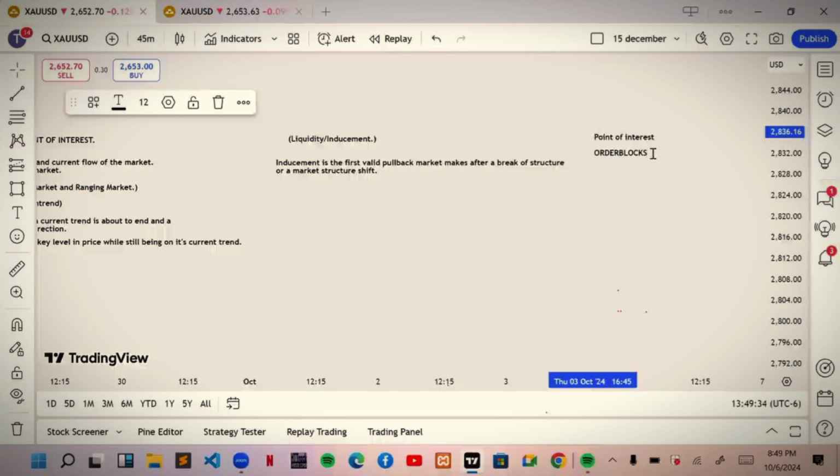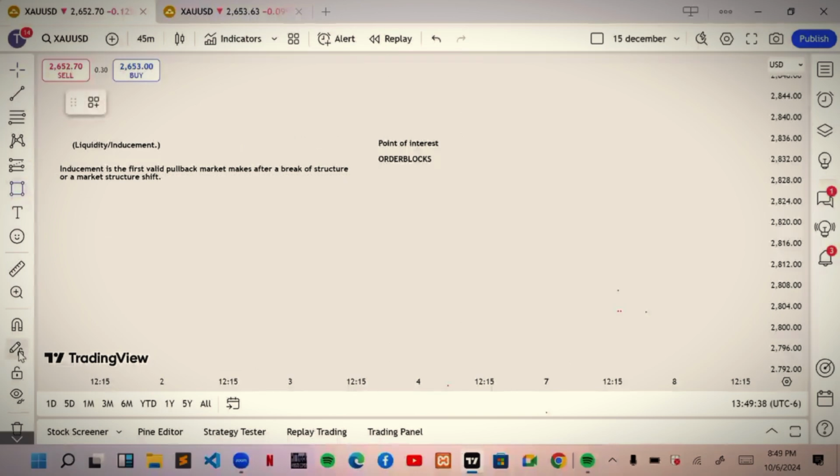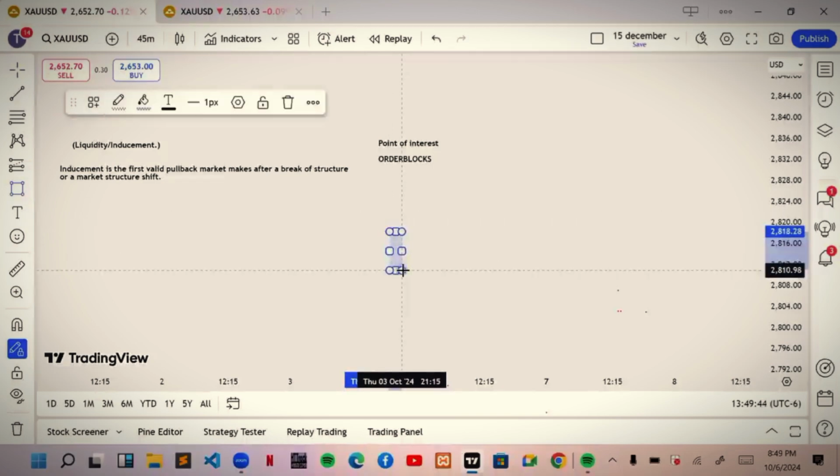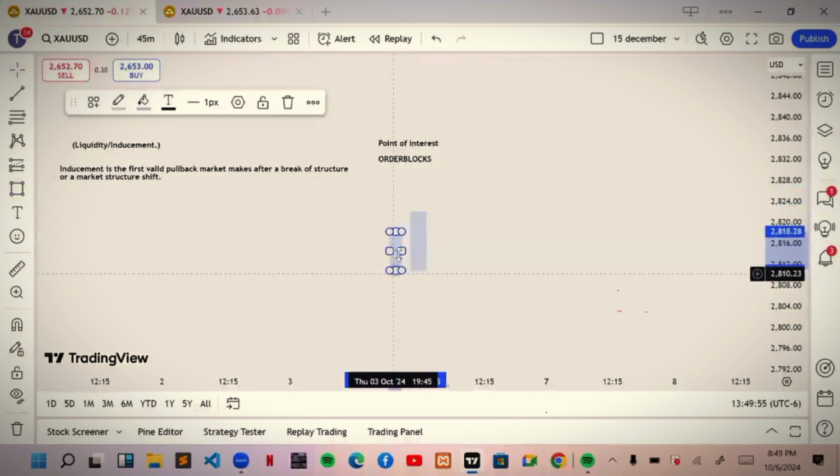So order blocks, there's the bullish order block and then there's the bearish order block. How do you identify a bullish order block? For a bullish order block, you will see a bearish candle and then you will see a bullish candle engulf it. So something like this. This is what a bullish order block looks like when you're looking for buys. You see a bearish candle, you see a bullish one engulf it.